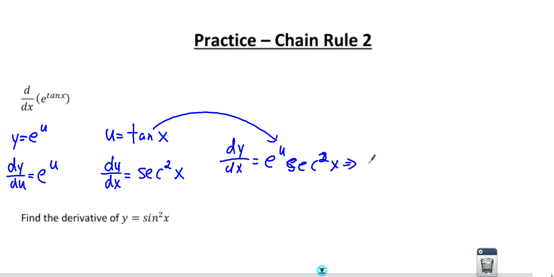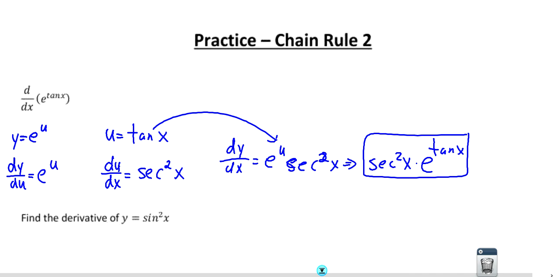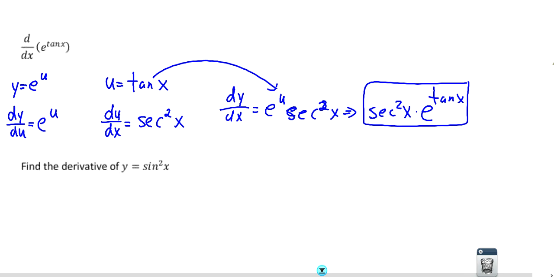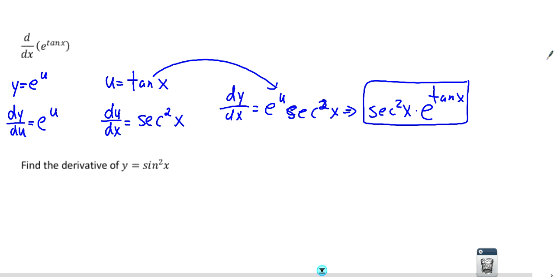So our derivative is going to be secant squared x times e to the tangent x. And that is our derivative. So basically we're taking one function, a composite, and splitting it up into its composite pieces, and then taking the derivative of each one and multiplying them back at the end.